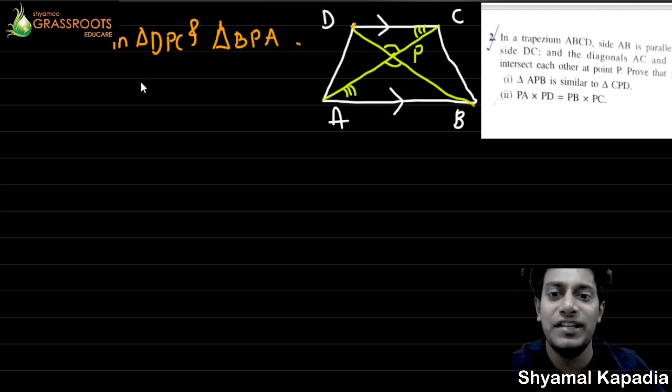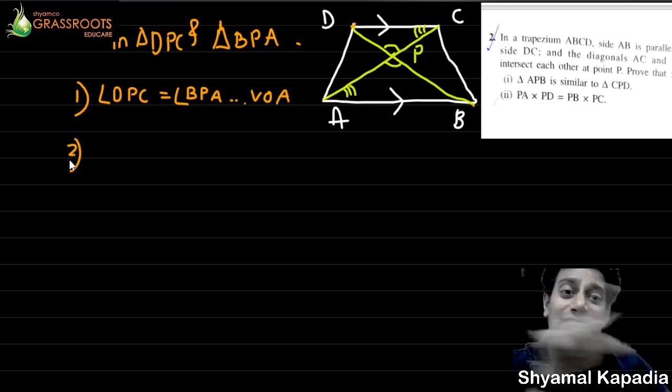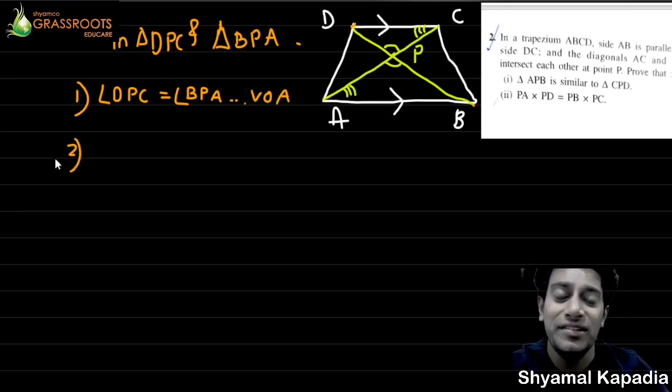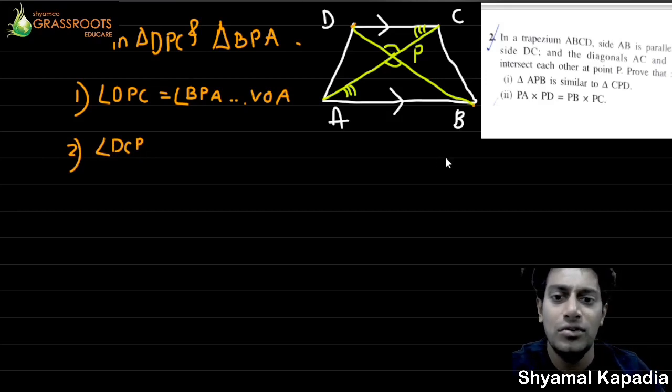Okay, so first things first. Can I say angle DPC is equal to angle BPA? The reason is vertically opposite angles. Oh come on, my friends. Second, the Z formation, dude, how can you forget it? Angle DCP, in this chapter there is going to be a lot of Z formations, so mind you, you remember this, is equal to angle BAP.